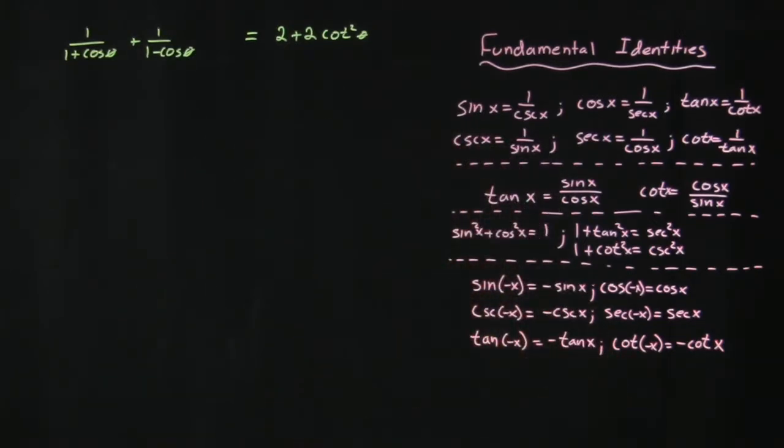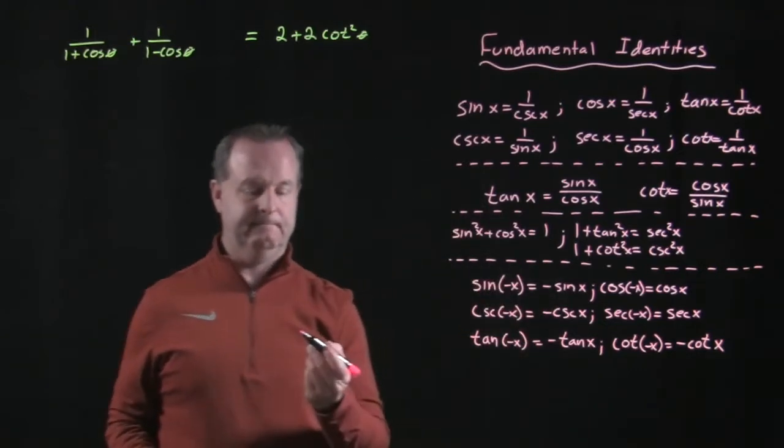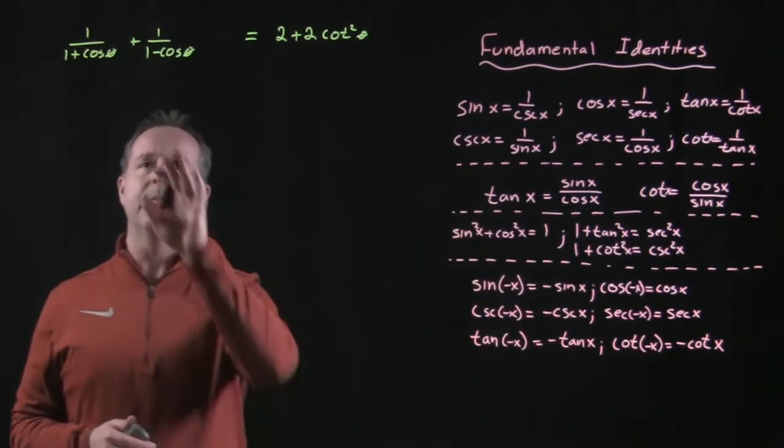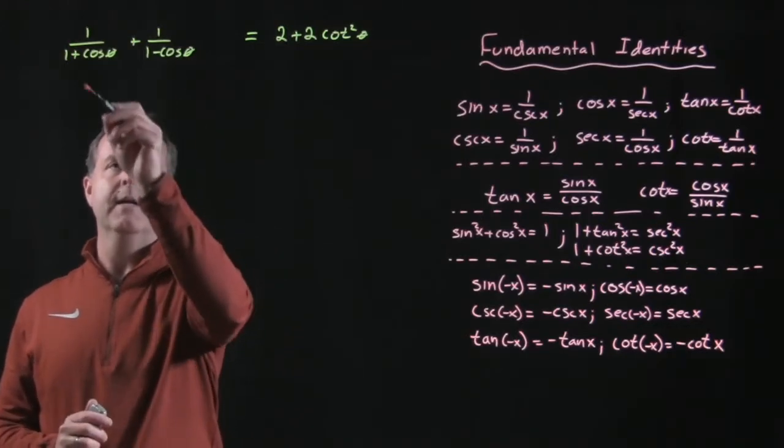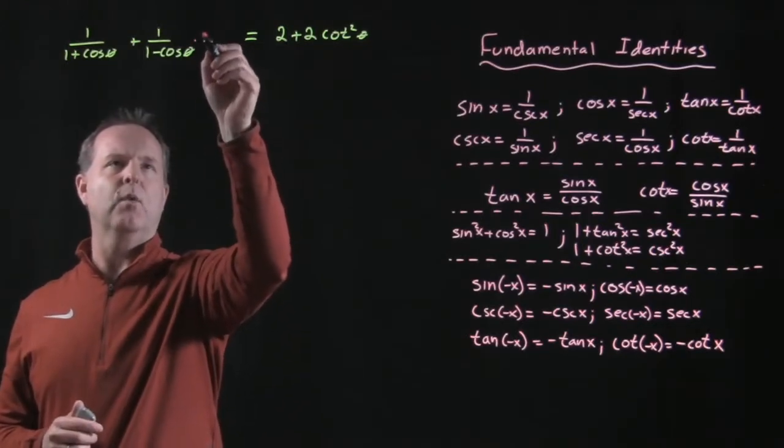So how we'll do that is I'm going to combine these terms on the left side to begin with. So I'm going to multiply both sides by a clever version of 1.